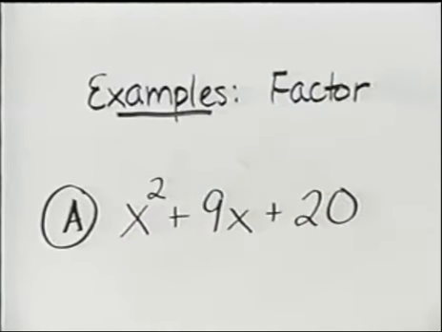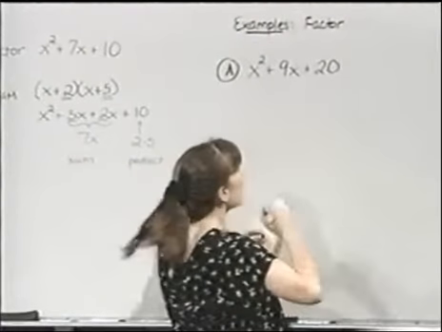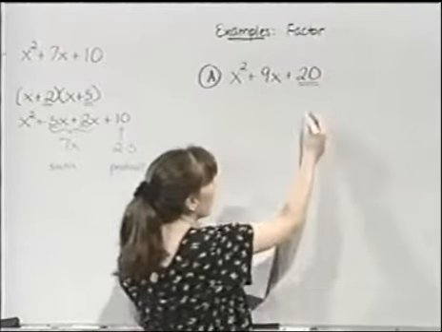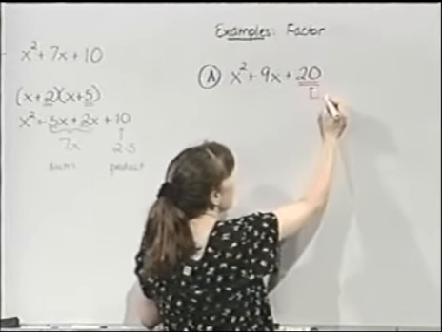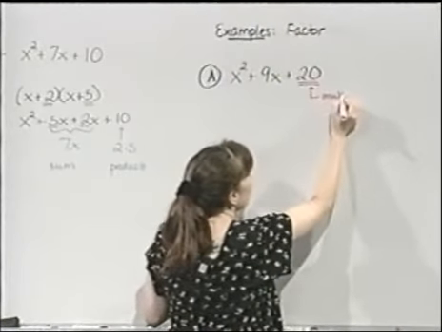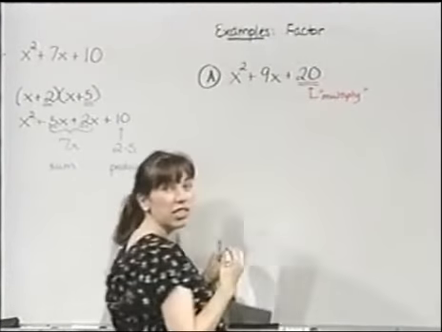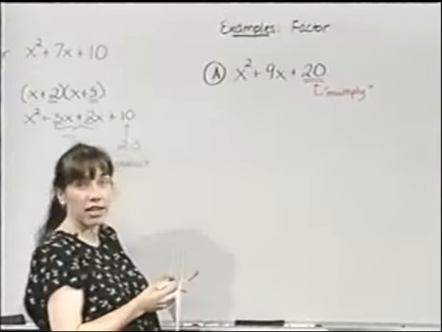You want to key into the last number first, and find two numbers that multiply to give you 20.